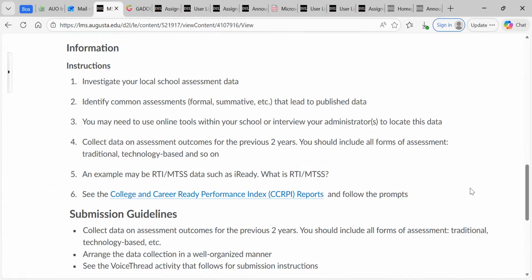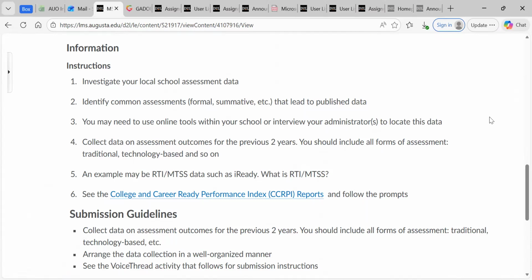You can also talk with your administrator if you're wanting to use specific milestone data. They may also be able to help you in locating that data for your specific grade level and or subject area. So you're going to collect data on assessment outcomes for the previous 2 years.